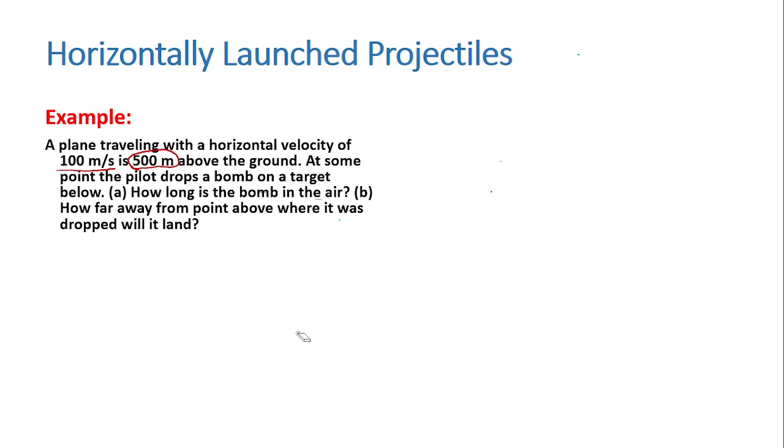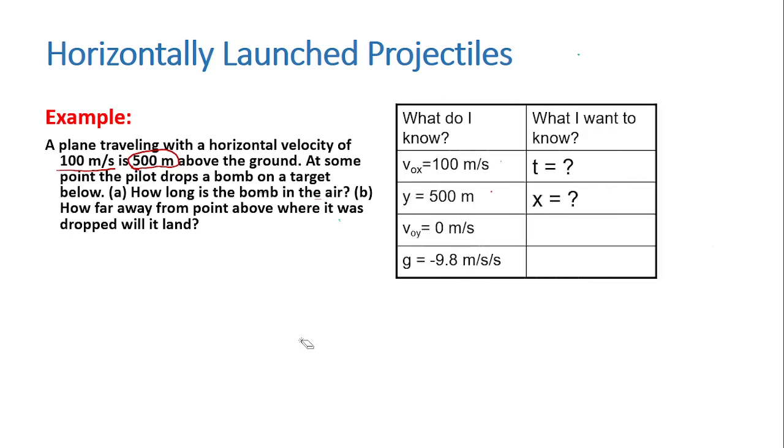Remember that the vertical component of a projectile motion has an acceleration which acts on it, and this acceleration is the acceleration due to gravity. So let's quickly look at what we have.